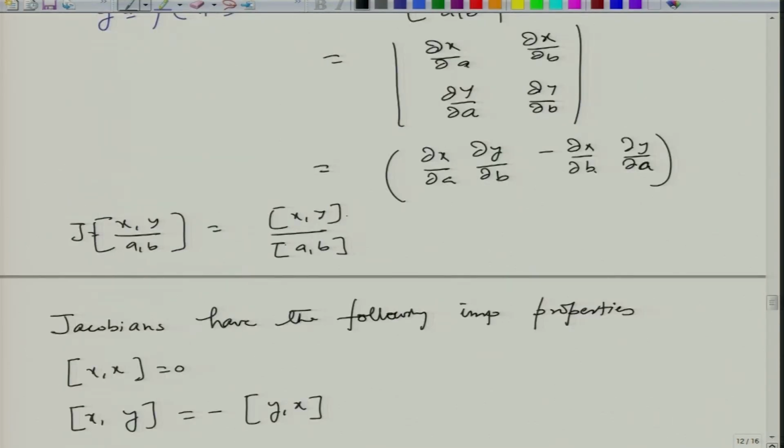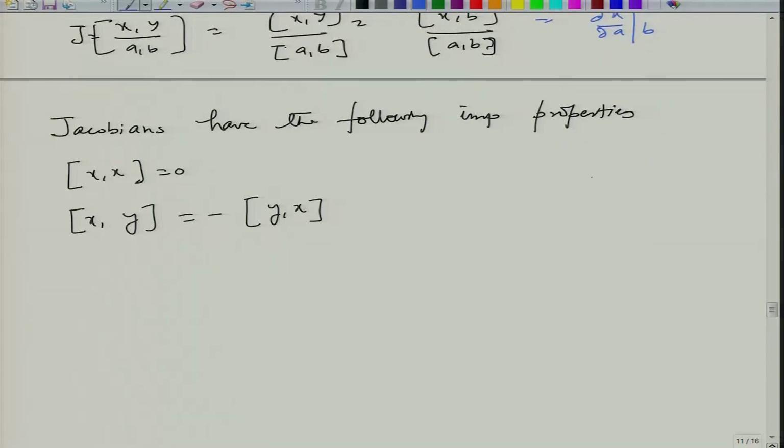For example, in this case, if I had replaced this by b, by considering y as b, then this essentially means del x by del a keeping b constant. Now you can prove this using this. You can plug this in and essentially show that this is indeed this expression from the Jacobian expressions. As I said, without going into the details, we are going to write these expressions and then make use of them in our thermodynamic derivations.